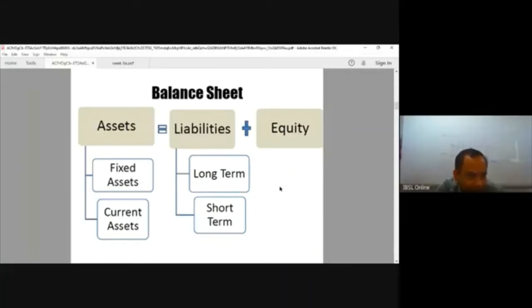That's all your balance sheet. Your balance sheet tells about this only. It says what the total assets of the business are. Assets can be classified in various ways, which can be fixed assets, current assets, tangible, intangible, right? So there are various ways of categorizing assets.